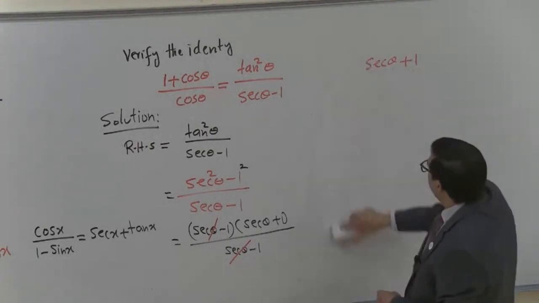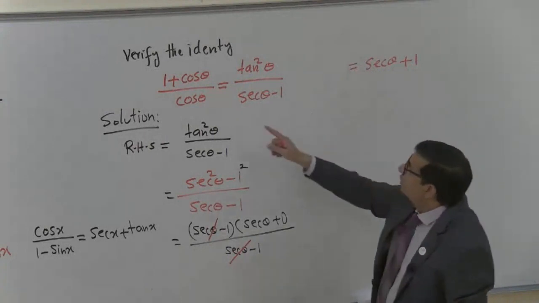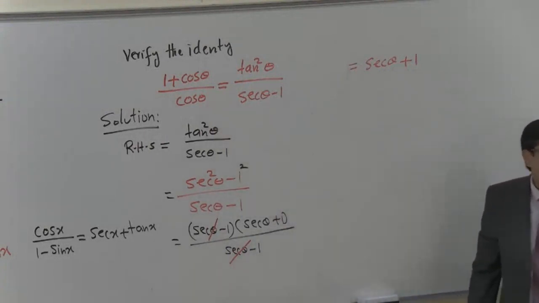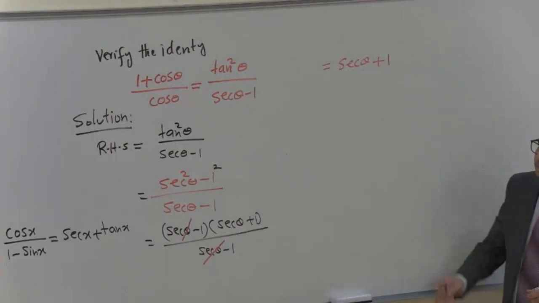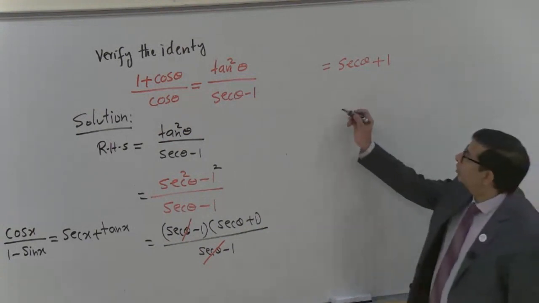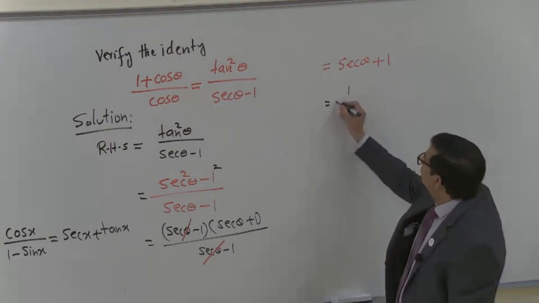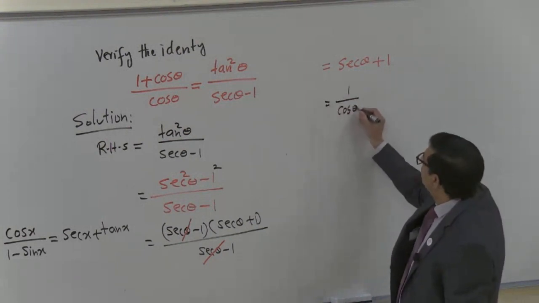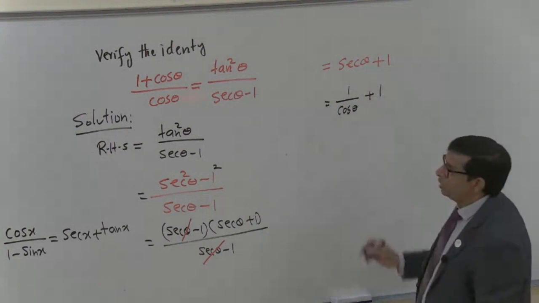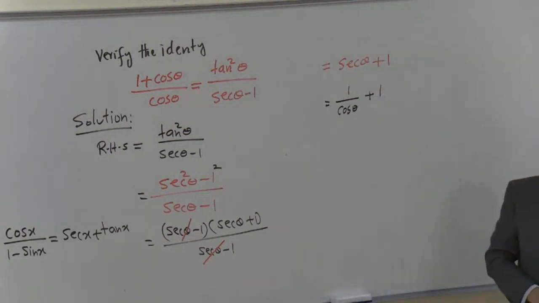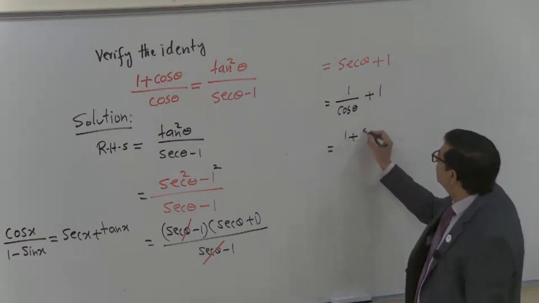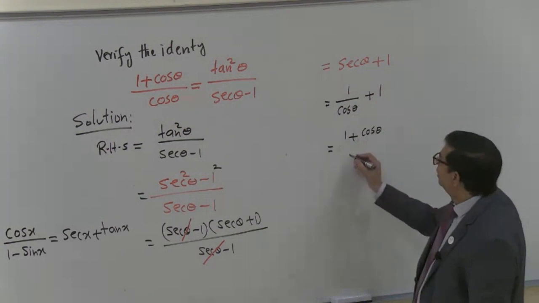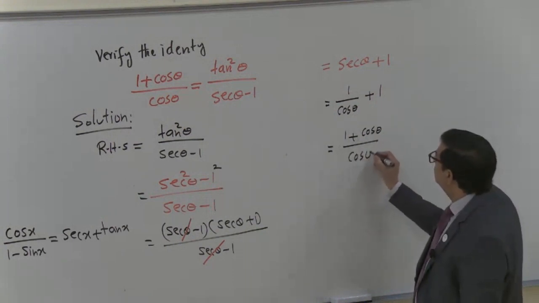Okay. This is secant theta plus 1, but this is not the left hand side. How to change it into cosine form? We look at the list of formulas and you can find there secant is 1 over cosine theta. So this is 1 over cosine theta plus 1. This is a fraction. In these questions, when you find fractions, take the LCM. So the LCM gives 1 plus cosine theta over cosine theta.